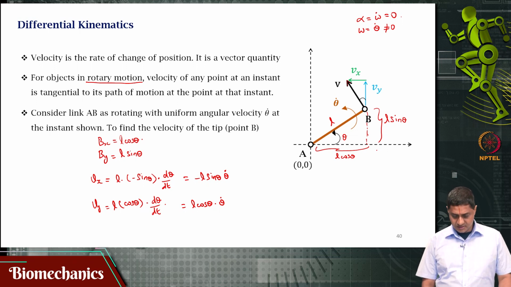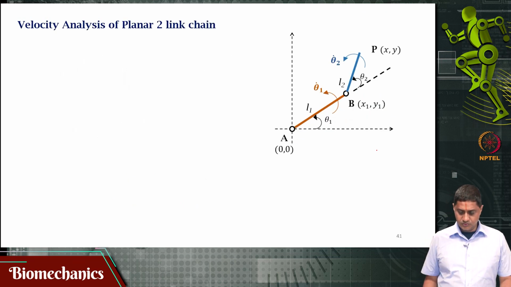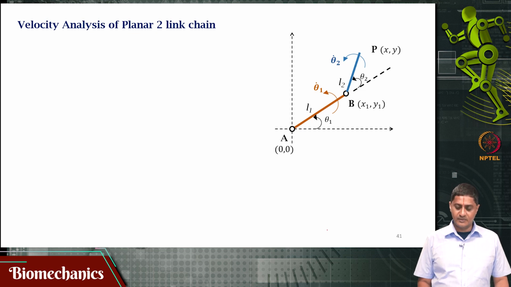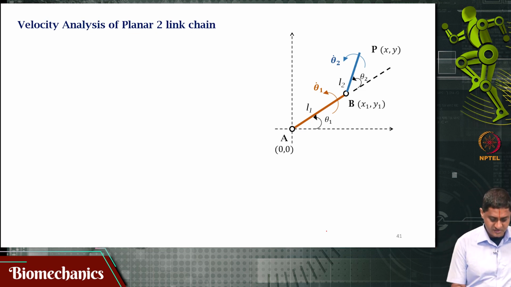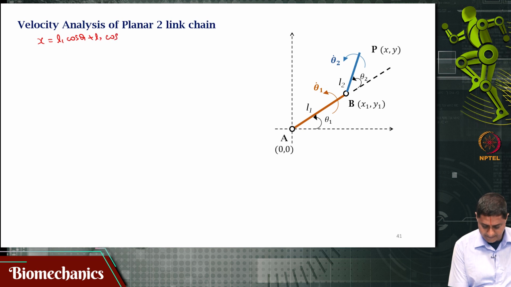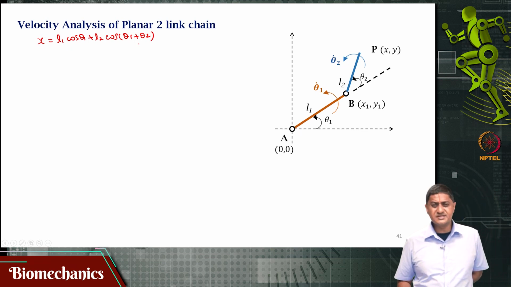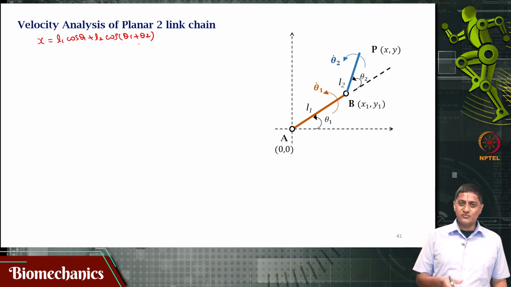Now, with this done, let us move on to the case of a planar two link serial kinematic chain. What we know from forward kinematics is the end point is L1 cos theta 1 plus L2 cos of theta 1 plus theta 2. How do I know this? Well, this is what we did in the previous videos.